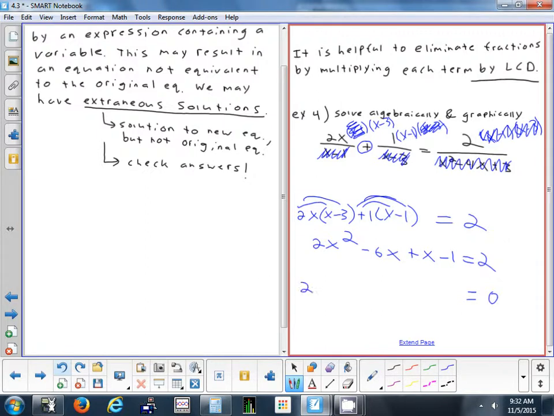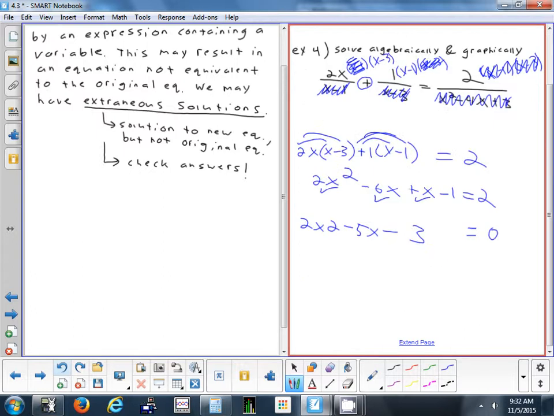So we've got 2x squared minus 6 plus 1, minus 5. And then minus 1, I'm going to subtract 2. Let's see if we can factor that.